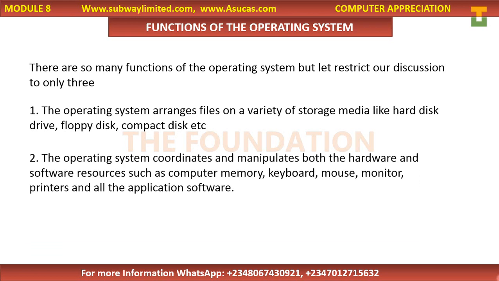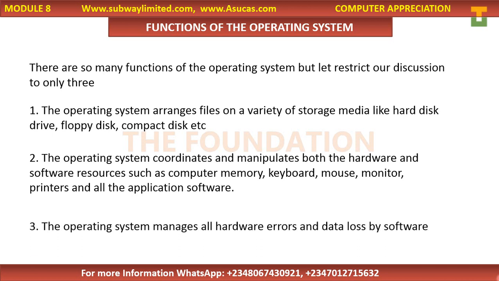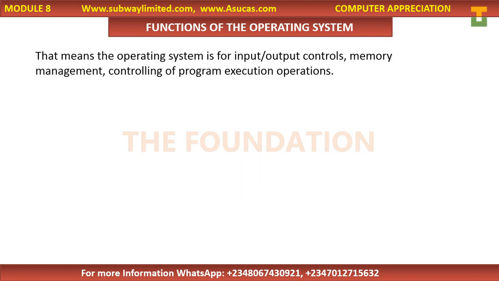Second, the operating system coordinates and manipulates both the hardware and software resources such as computer memory, keyboard, mouse, monitor, printers, and all the application software. We already said that with the operating system, every hardware and software resource will be properly taken care of. Third, the operating system manages hardware errors and data loss by software.